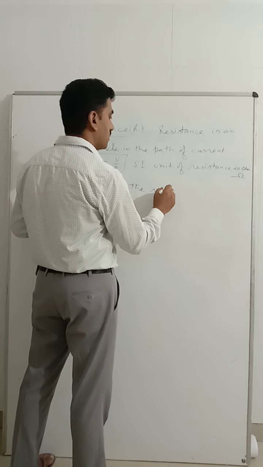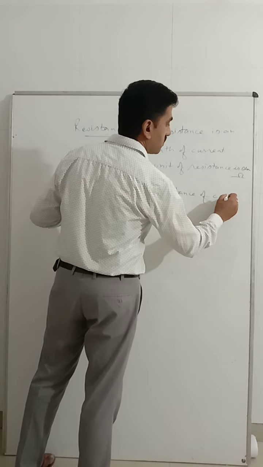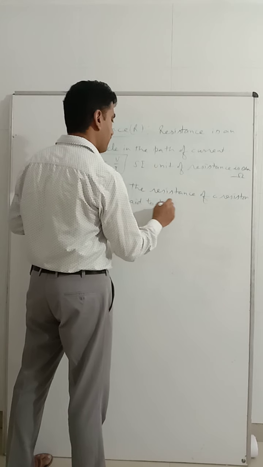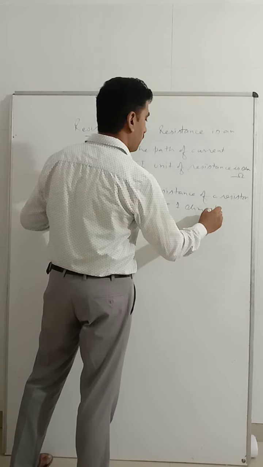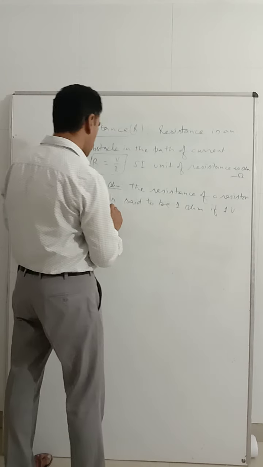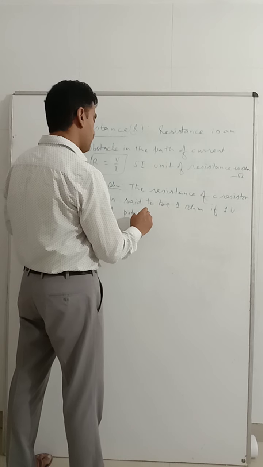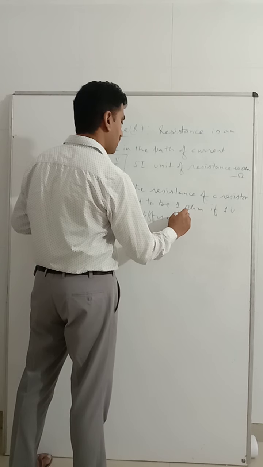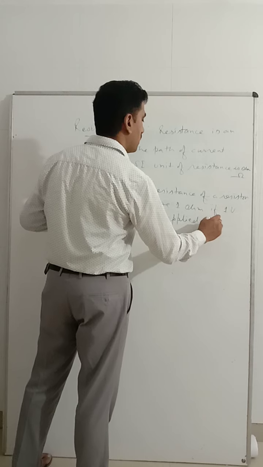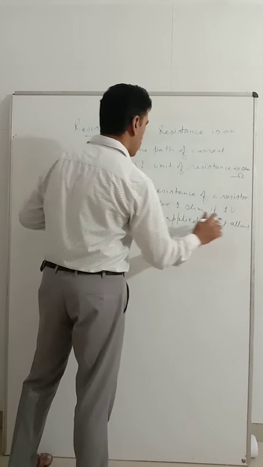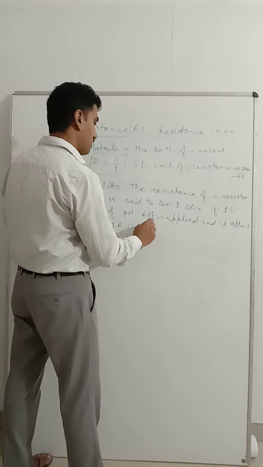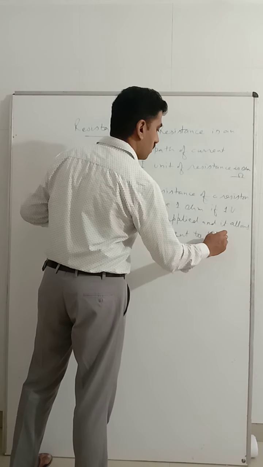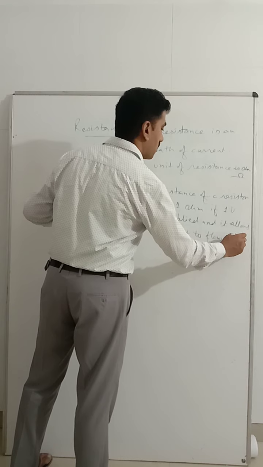The resistance of a resistor is said to be 1 ohm if 1 volt of potential difference is applied and it allows 1 ampere current to flow across it.